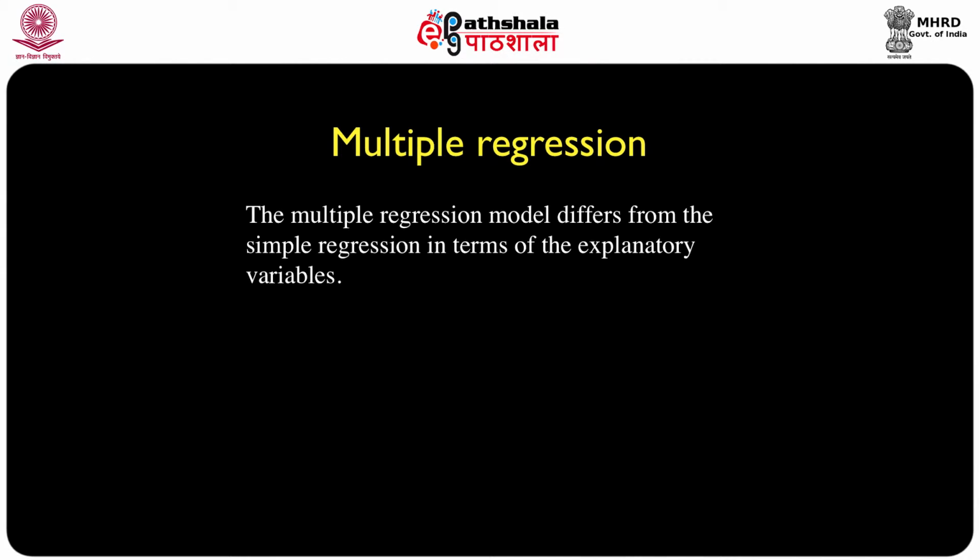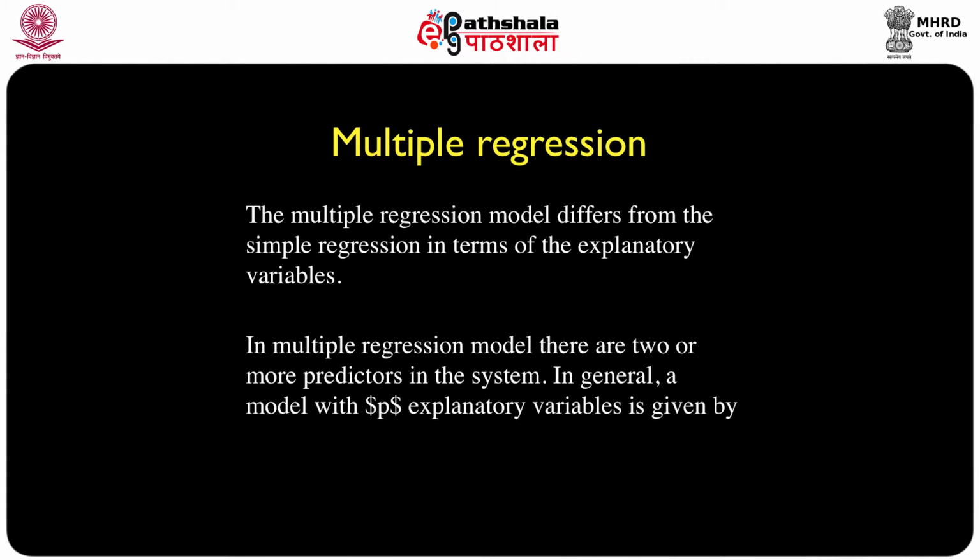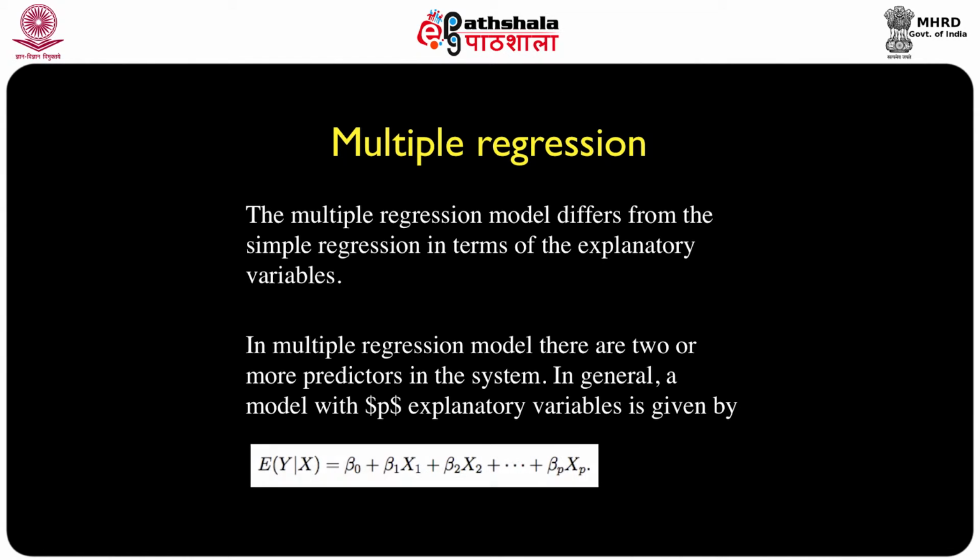The multiple regression model differs from the simple regression in terms of the explanatory variables. As we have just seen in the simple linear regression model, there is the presence of only one predictor variable x. In multiple regression model, there are two or more predictors in the system.